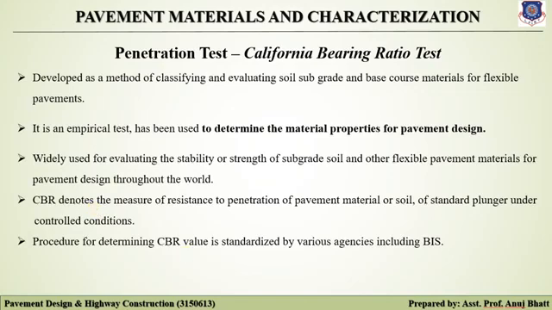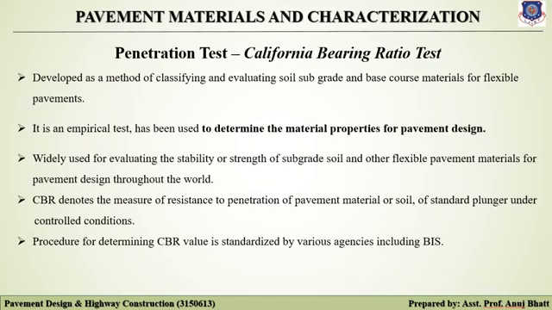The California bearing ratio test was developed by the California State Highway Department as a method for evaluating the strength of subgrade soil and other pavement materials for the design and construction of flexible pavements.